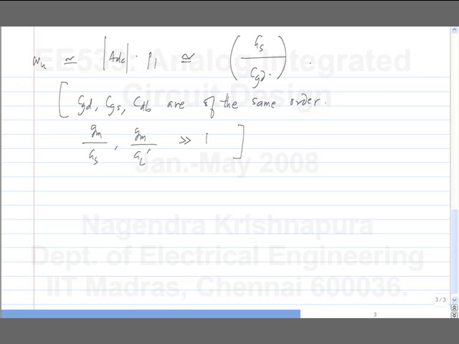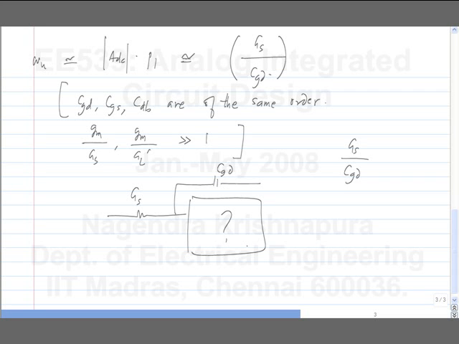The magnitude of it. Have you seen a circuit like this where you have some resistor and some capacitor, and it behaves like some block with a unity gain frequency of GS by CGD? What would you have here? Op amp.